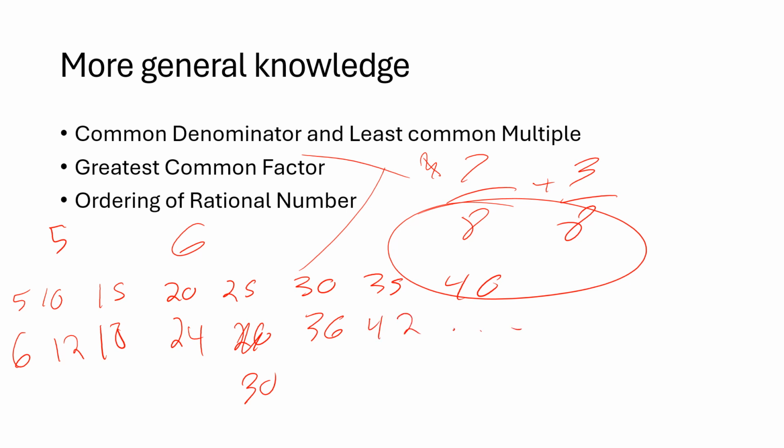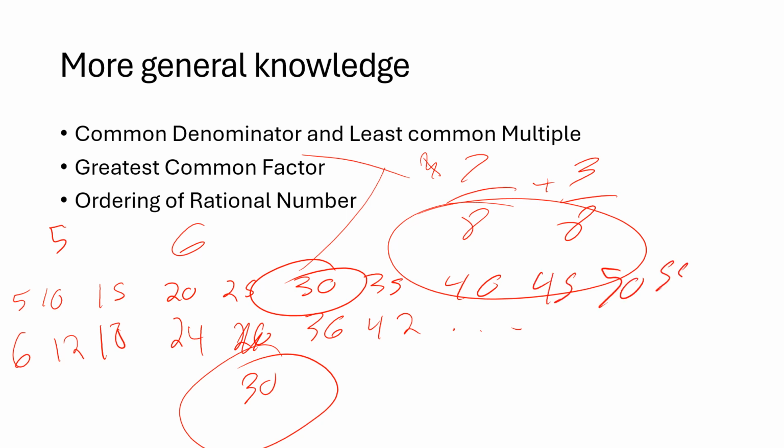If I ask you for the least common multiple, understand that out of these, what number do they share, which is 30. So if we were to keep going, they go 45, 50, 55, 60, and 42, 48, 54, 60. Now, while they do share 60, that's not the least common multiple that they can go to.